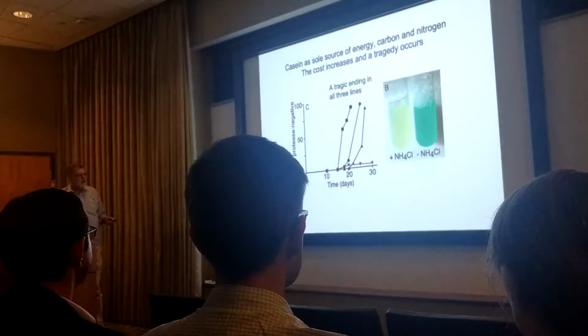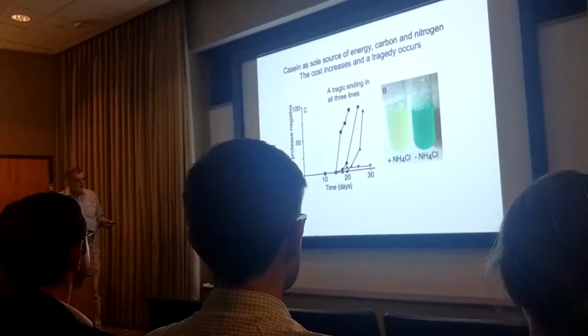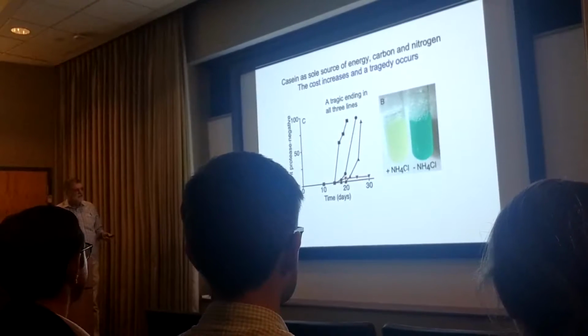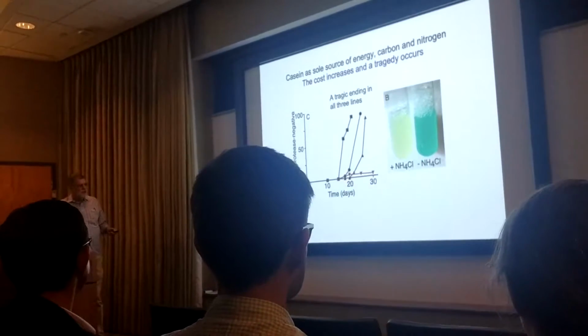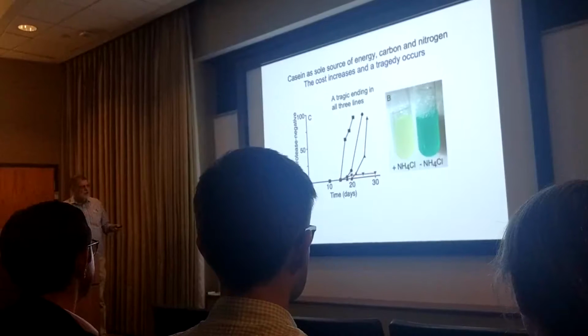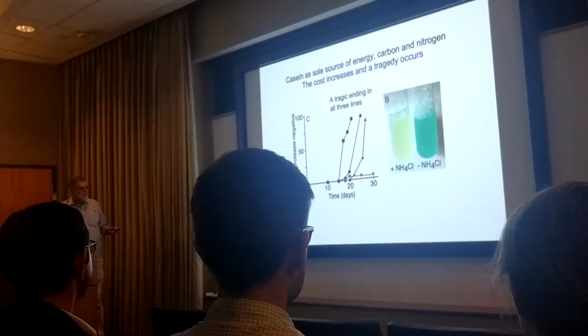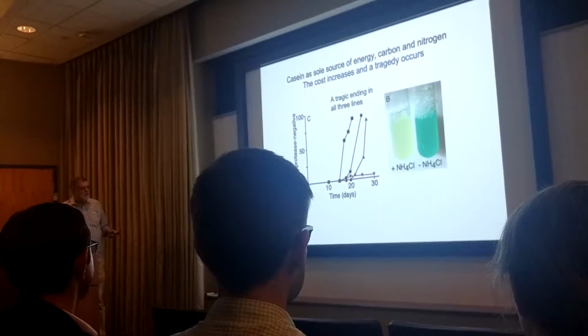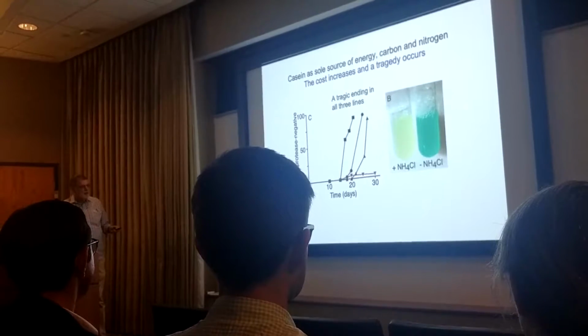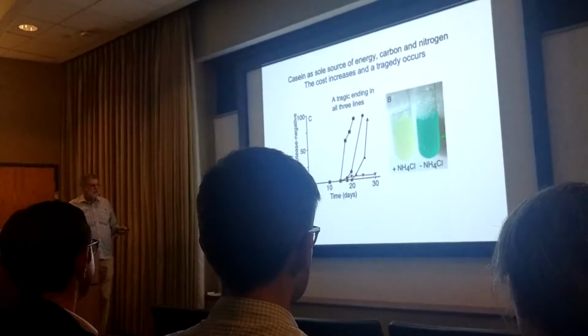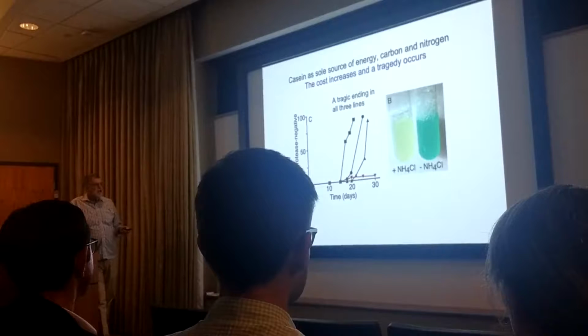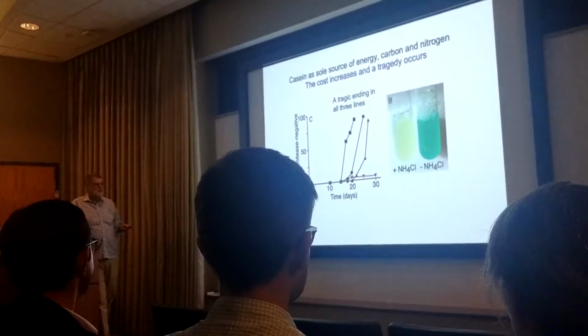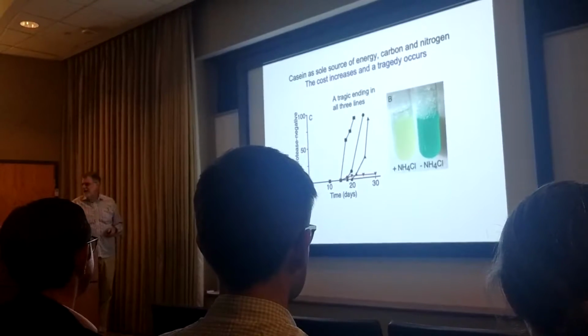These tubes, I think, are pictures after 15 transfers. This is a control with ammonium chloride. So it is faintly blue. And this is the population after 15 days without ammonium chloride. They make a huge amount of this pigment. This is pyocyanin.